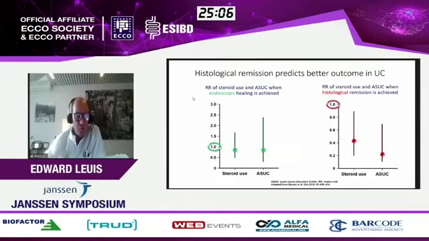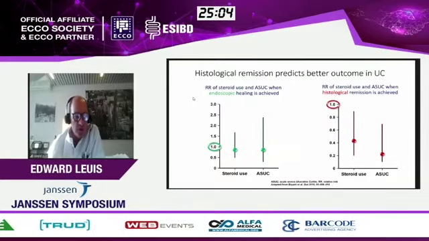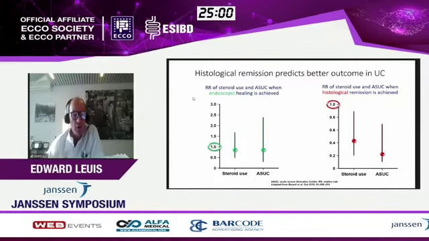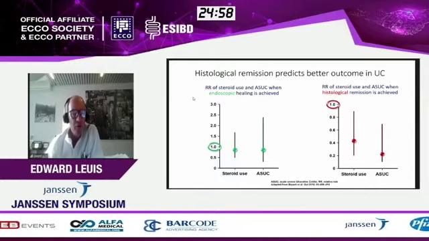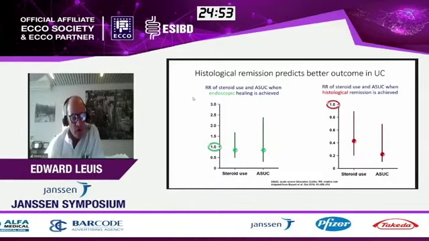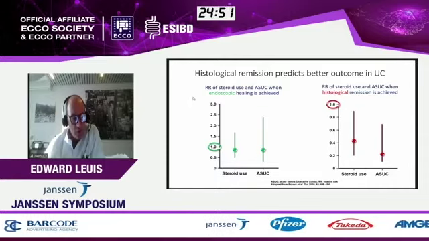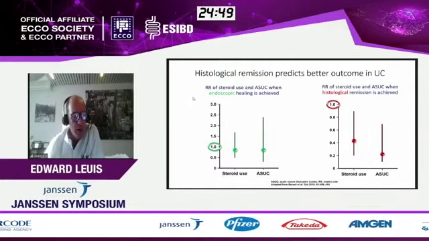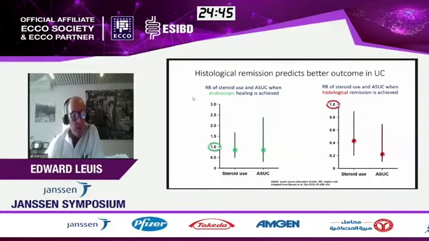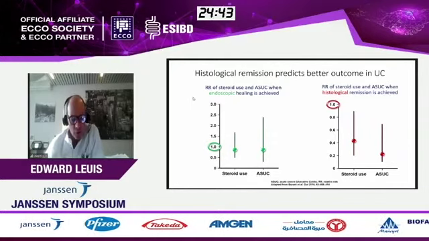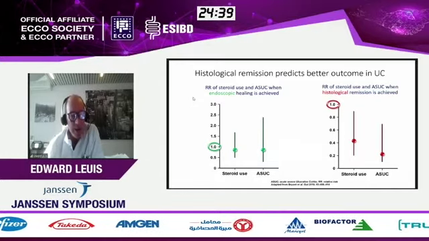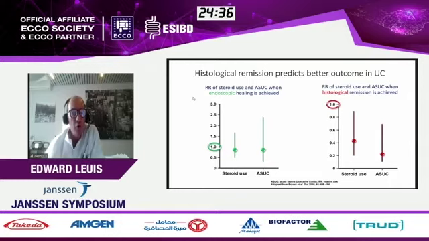This is one of the first prospective studies which tend to confirm this. This is coming from Oxford, from the team of Simon Travis. What they did is they treated patients with a flare of ulcerative colitis, mainly with corticosteroids in that cohort. After the treatment of the flare, they assessed their patients by endoscopy, but also took biopsies.